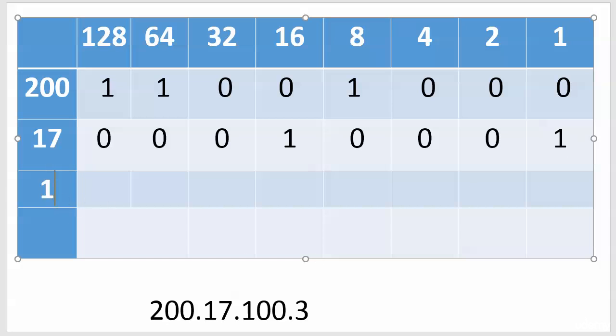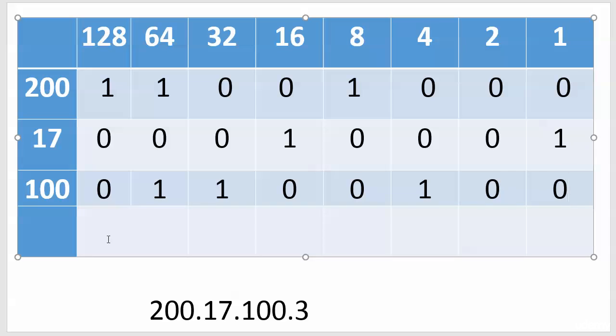So how about 100? We can't subtract 128 from 100, but we can subtract 64 from it, which leaves us 36. Then you're just going to subtract 32 from 36. That leaves us 4, which leaves us another obvious answer. See how easy this is? Nothing to it. And you're going to be doing this over and over again.